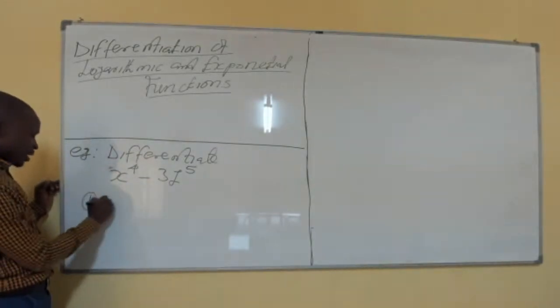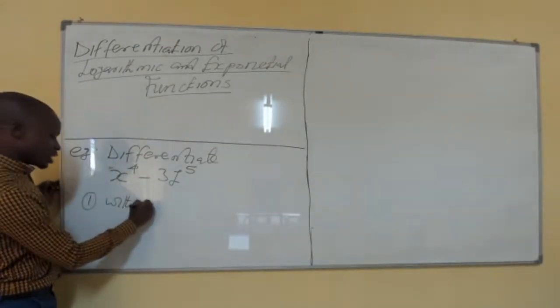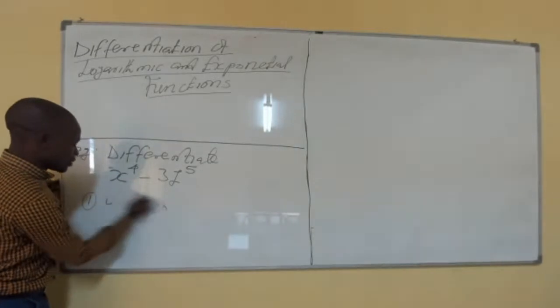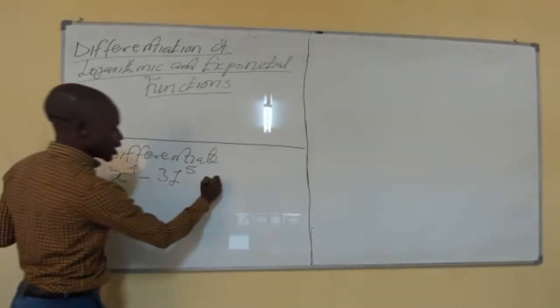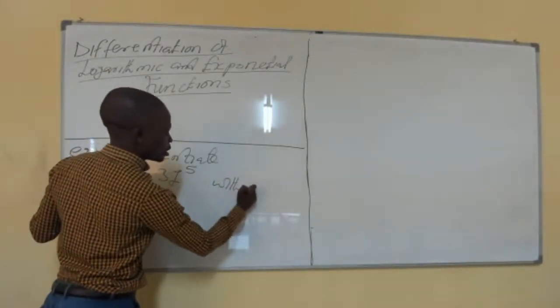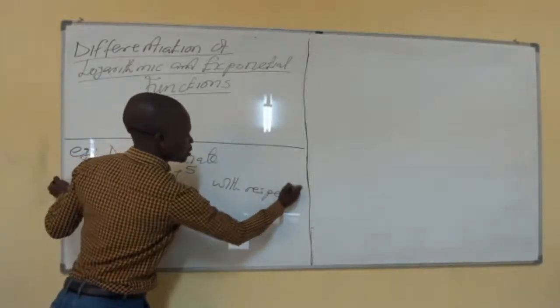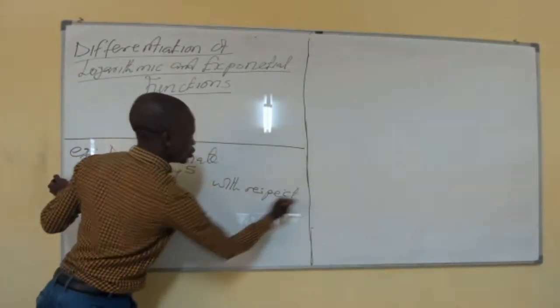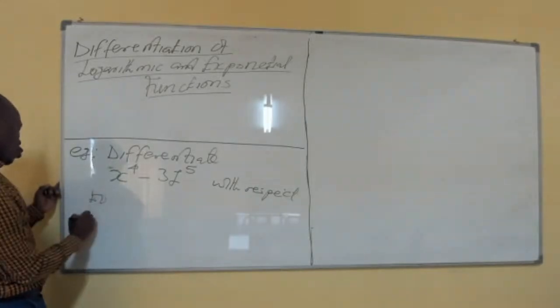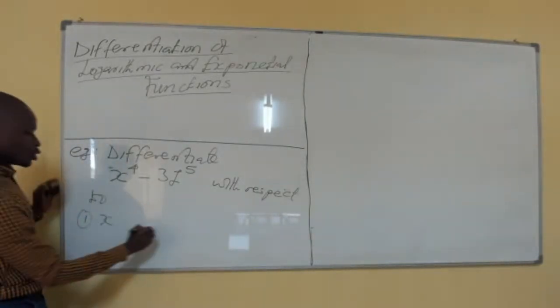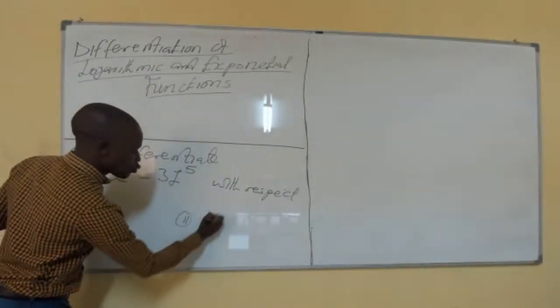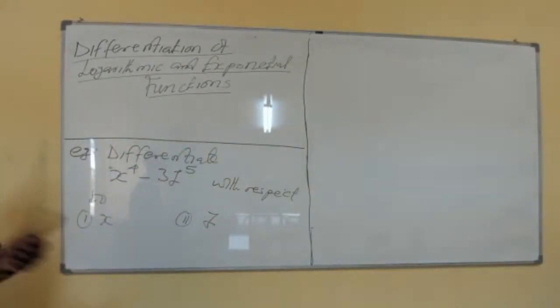One, with respect to x, and two, with respect to y. Let's look at this scenario. I'm answering this person's question. I want you to determine how you can do that.